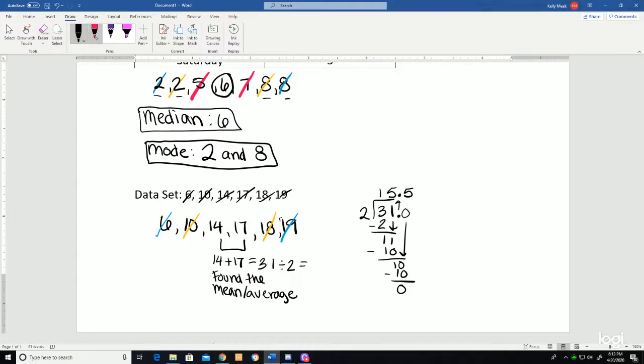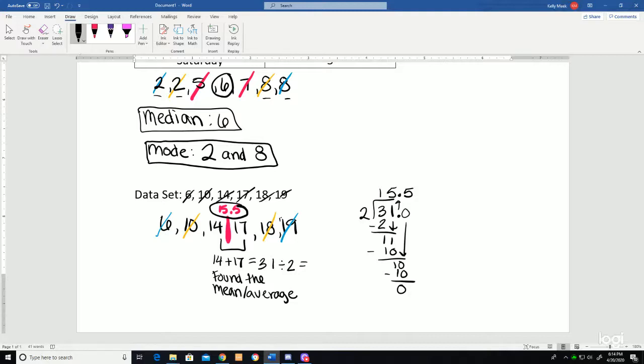So what this means is that this number, 15 and 5/10, is the median. It is the number directly in the middle of this set of data. It is the number directly between 14 and 17. You cannot have two medians, okay?